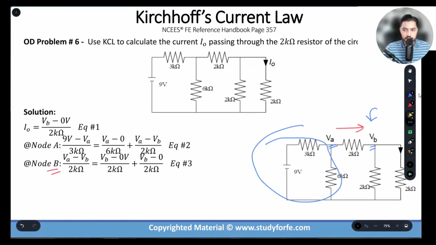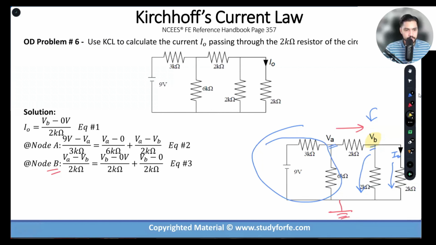Our focus, the center of attention, the center of the world is node B. Now, if one current is entering node B, and if I have a ground over here, like the gravity example again, isn't it reasonable to assume that the current will flow from B to ground? And we already know that this is I naught, so this is already flowing to ground. What do you guys think? Does it make sense?